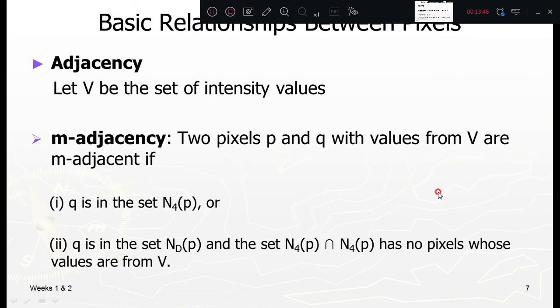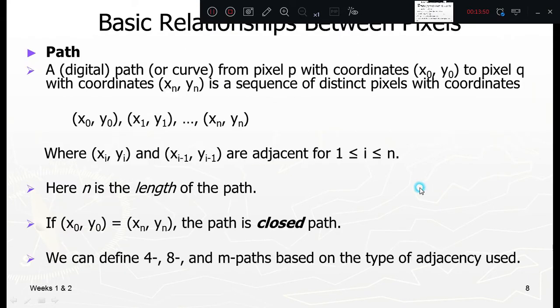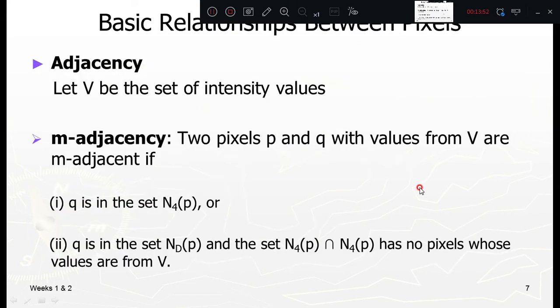Now the m adjacency. It is a mixture of both, that is 4 adjacency and 8 adjacency. Now when I am discussing here, let us consider this is a P pixel and this is a Q pixel.